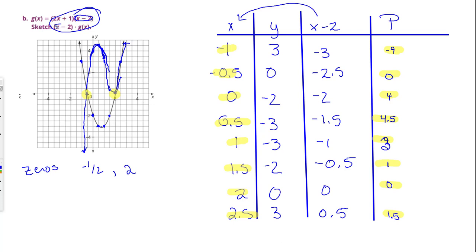So set these equal to 0, and they would match and give you that same location. So this is where we have a double, which is where it touched and went back.